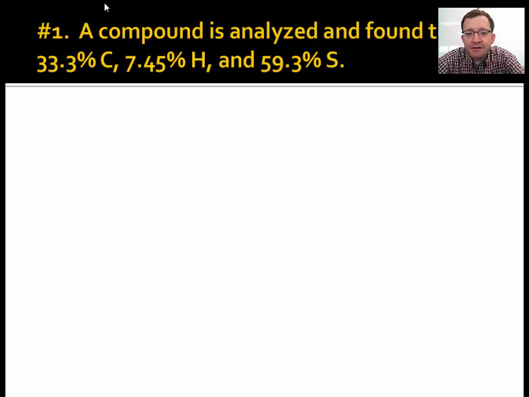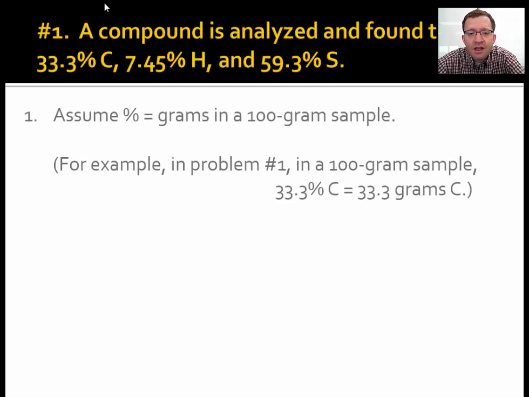Now, just like with hydrates, sometimes with percentages we're assuming that if we have a 100 gram sample, those percentages would mean out of 100. In other words, the first step of doing an empirical formula calculation is to make that assumption that a percentage would be equal to grams in a 100 gram sample. And it really is. It's exactly what percentage is.